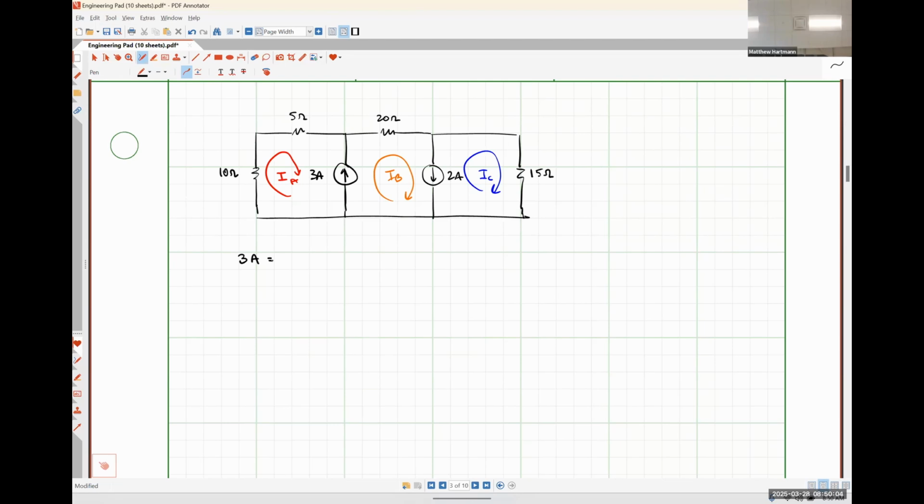IB. Which mesh current's flowing in the opposite direction? So IB minus IA. How would I do that for my 2 amp source? IB minus IC. All right.